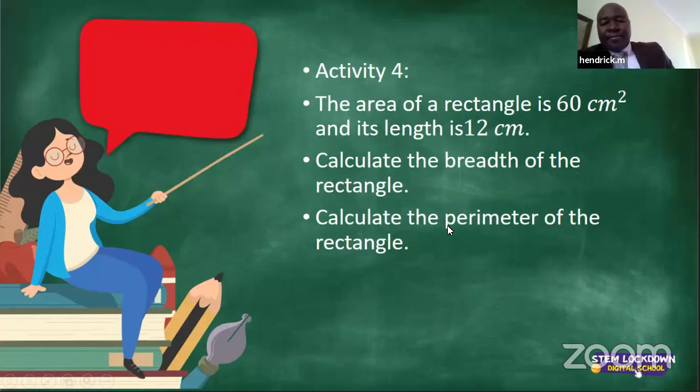Yes, Ntokozo. Let's go to Ntokozo. The perimeter of the rectangle is 34 because 12 plus 12 is equal to 24, and plus 5 is equal to 29, plus 5 is equal to 34. All right, so what did you add there?